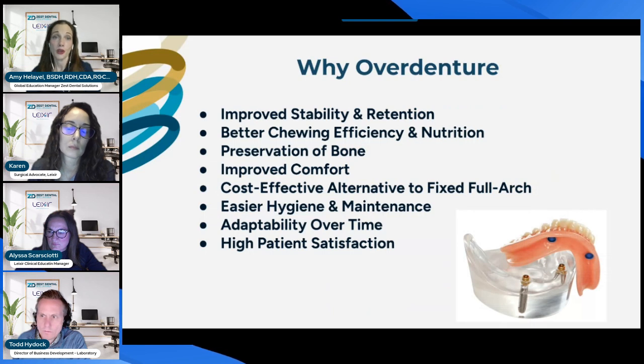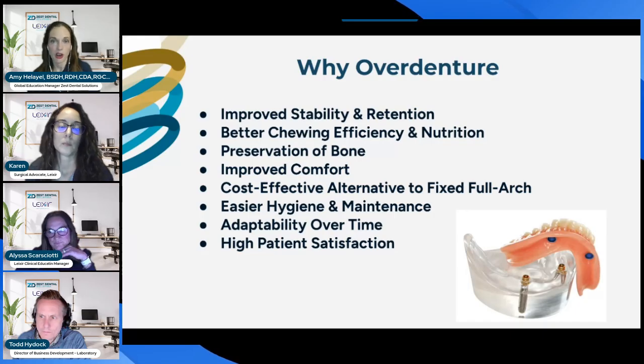So again, why overdenture? It includes stability. We know that because we know a denture rests on the ridge in the mouth. So when you add a couple of implants, it provides that retention, that snap-in effect to allow that prosthesis to sit in the mouth effectively and provide that great chewing function. So again, you have a better chewing function, efficiency, increased nutrition. You preserve the bone.